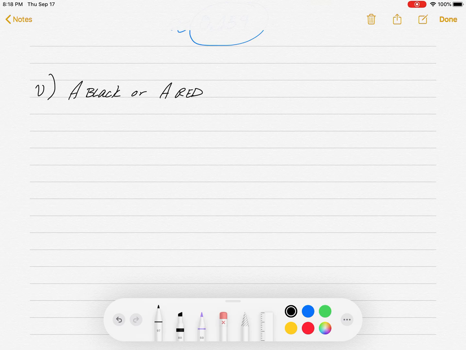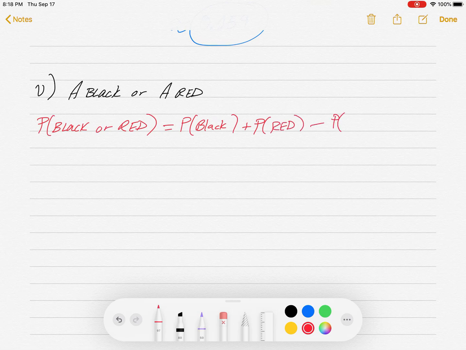So we want a black card or a red card. For using our addition rule, we have the probability of black or red. That's equal to the probability of black plus the probability of red minus the probability of the overlap, which is called the intersection, or probability of black and red.